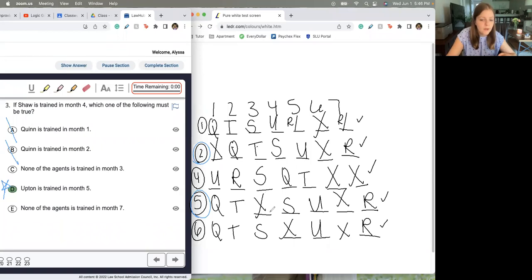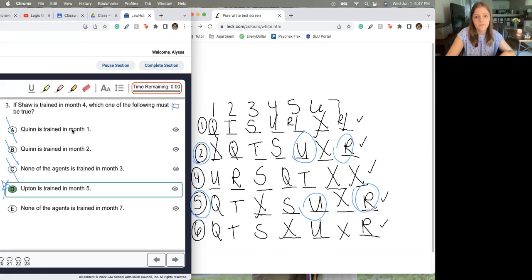Again, could happen in my 5th world, doesn't have to happen in my 2nd world. So it's wrong. D, U is trained in month 5. That's happening in both of them. And then E, none of the agents are trained in month 7. That actually has to be false because we have R in 7. So that's going to lead to answer choice D.